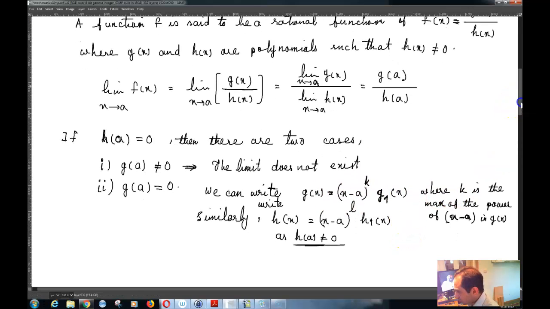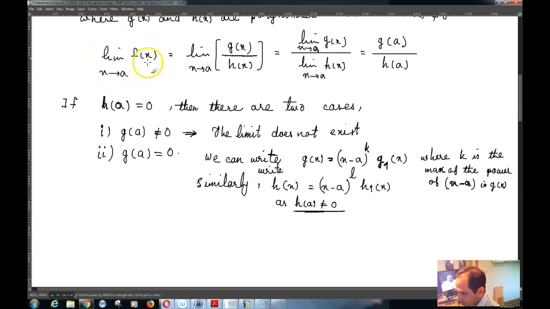So now the limit of f of x as x tends to a is equal to the limit of g of x by h of x as x tends to a.